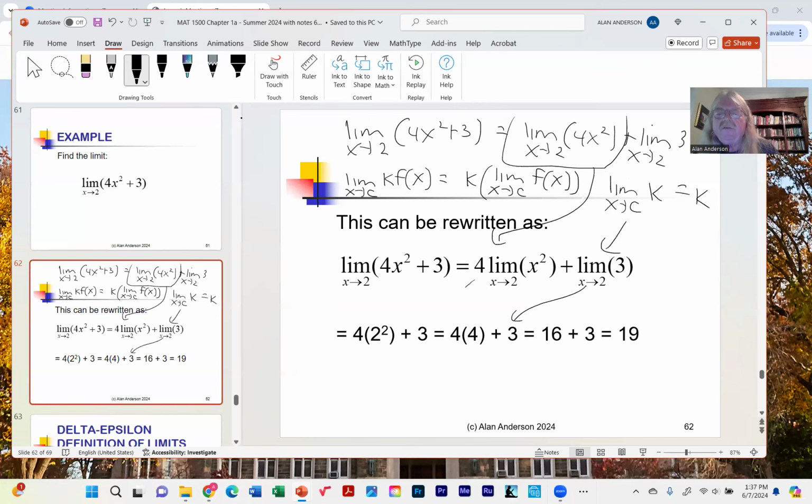Here we have 4 times, actually, let me move this over here. And then, of course, just this piece, the limit of x squared as x goes to 2 is 2 squared. And then here, this is a constant, it's just 3. And then when you evaluate it, you eventually end up with 19.